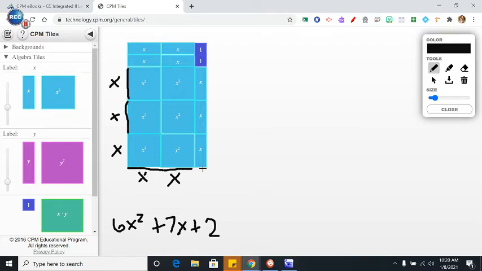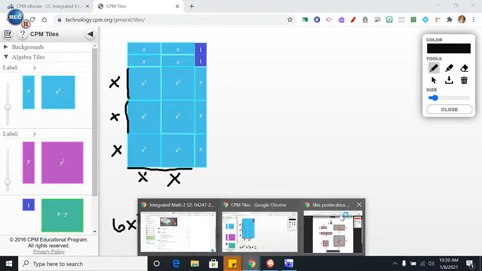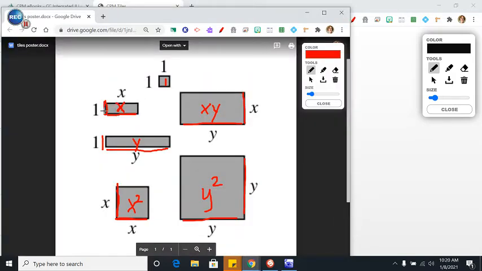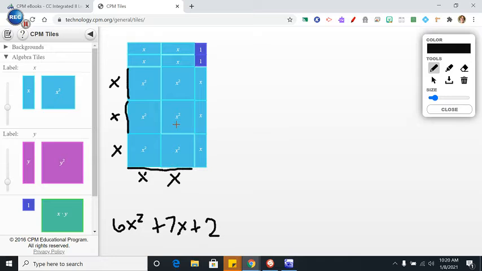Okay, and then I just need the length of the short side of that x tile, which is 1. The short side is 1, the longer side is x. 1 times x is x. So this would be a 1, and this would be a 1, and this would be a 1.